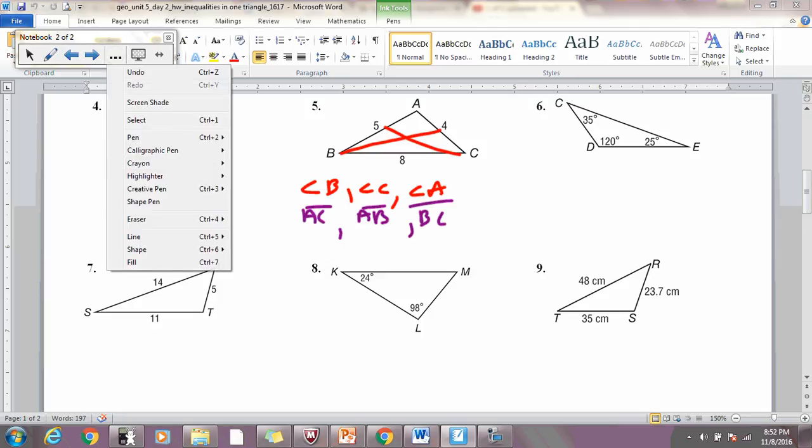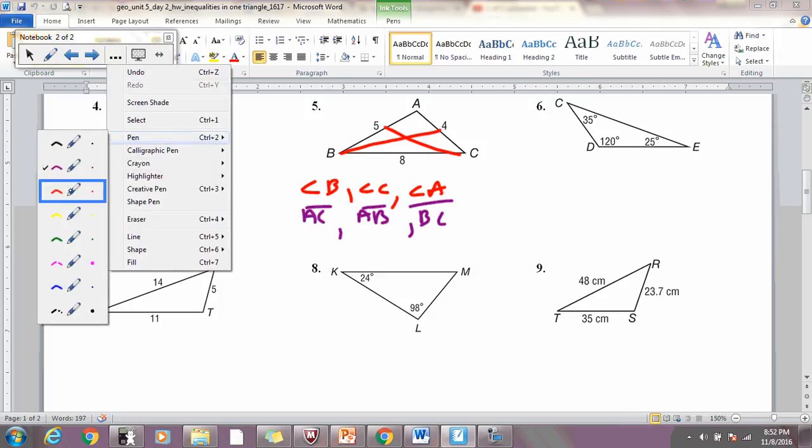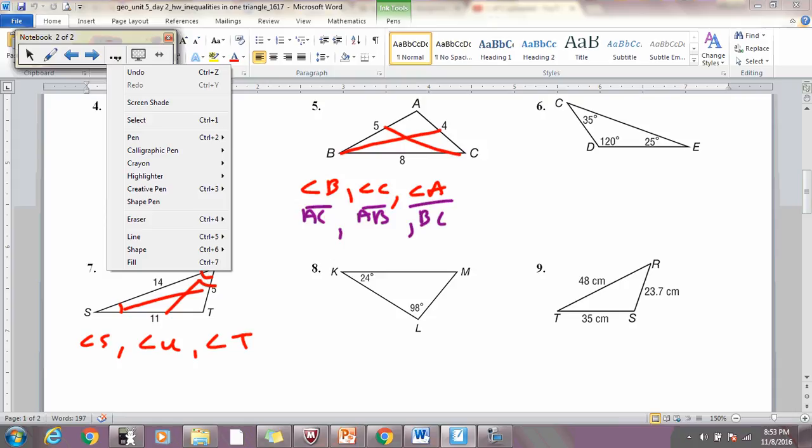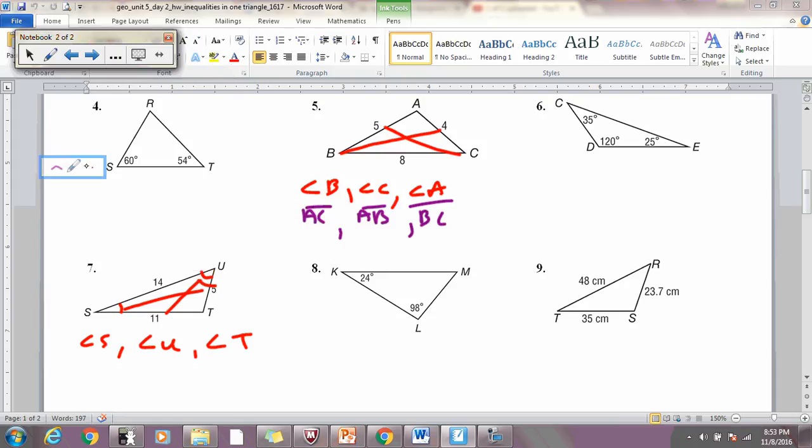Number 7, smallest angle would be angle S. Then it would be angle U, followed by angle T. So the shortest side, UT, then ST, lastly SU.